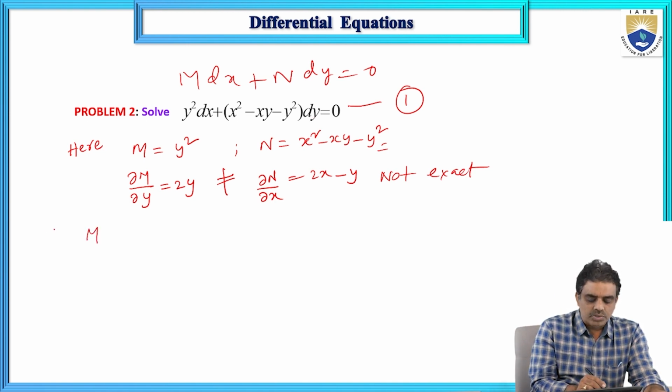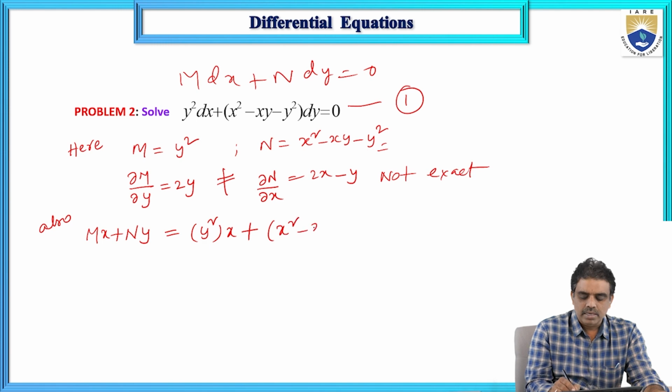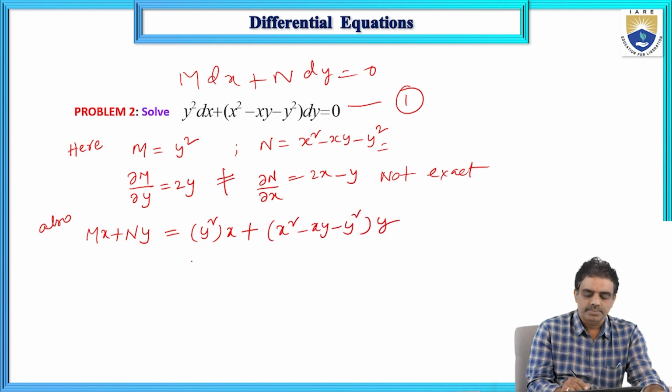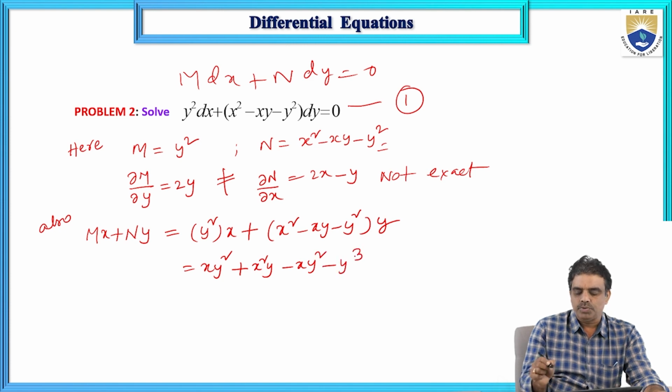And also we have to check the mx plus ny value. Here m is y square and n is x square minus xy minus y square, so mx plus ny is xy square plus x square y minus xy square minus y cube.